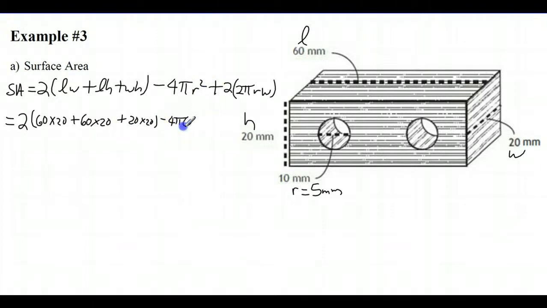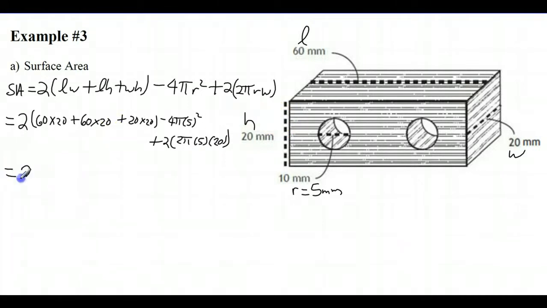Our radius, in this case, is 5. Plus, let's write this down here so it doesn't run into it, 2 pi radius 5, and the height of the cylinder, which is actually the width of the prism, is a 20 there.